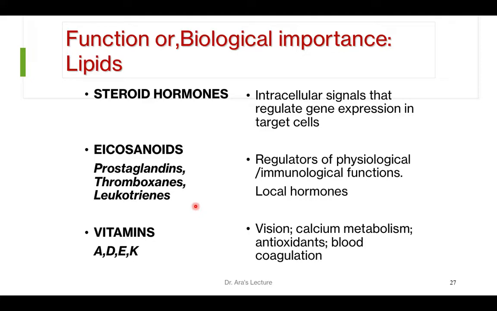Vitamins A, D, E, K, sometimes we call ADEK, are the fat soluble vitamins, and each is crucial for different body functions, like vision, calcium metabolism, antioxidant activity, and blood coagulation. For those purposes, vitamin A is very crucial.